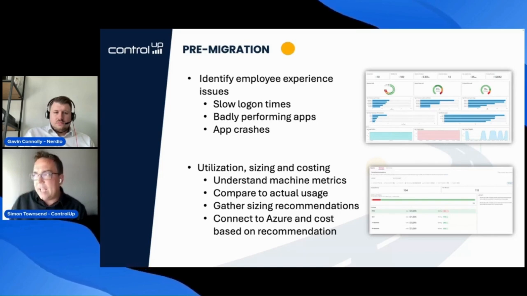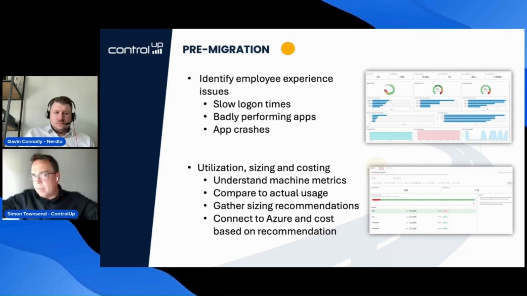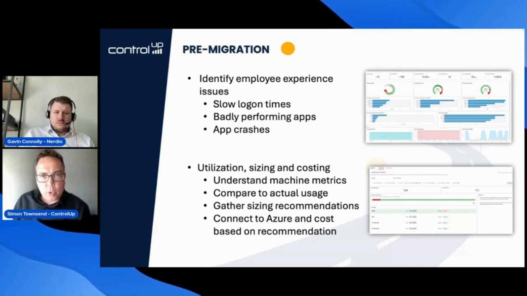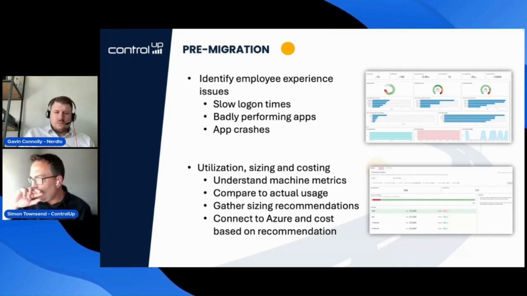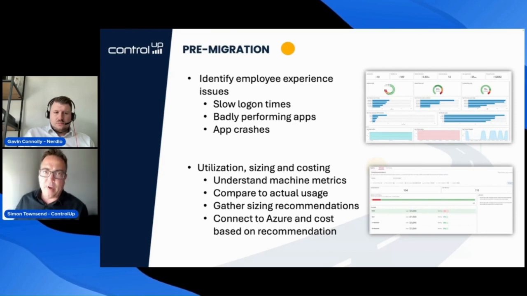This assessment phase gives you the ability, and you're going to see it in a second in the demonstration, to take a 30,000-foot view and very quickly drill down and find the root cause of any issues we bring to your attention. That's important because you're going to want to address those before you roll out the new environment as well.